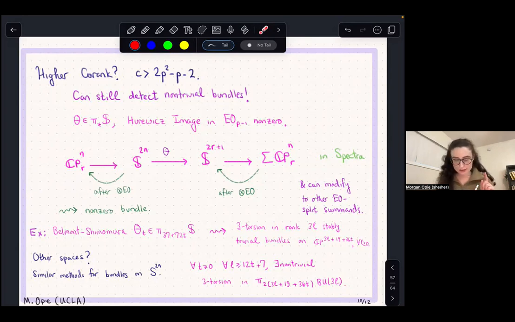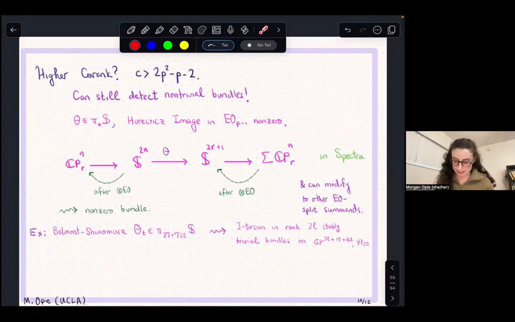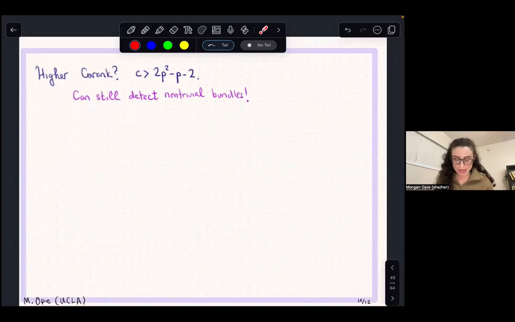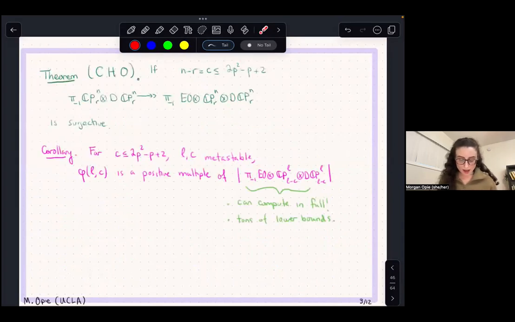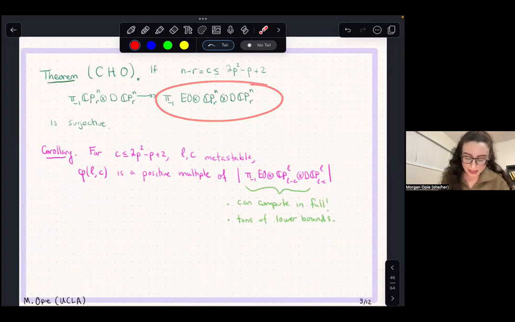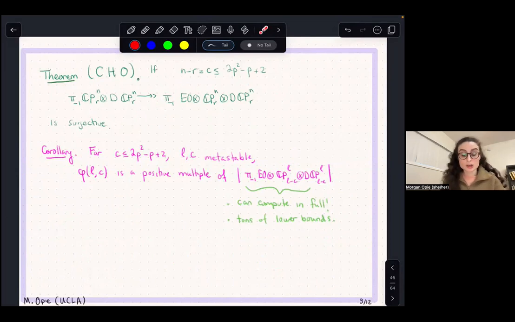Now, I realized that there's one thing that I wanted to say that I didn't get to, which is that we had this James periodicity at the beginning, but you actually get a much better periodicity for this group, and that's because of a result that Hood proved, which is that P times the canonical bundle on CP infinity is EO orientable.